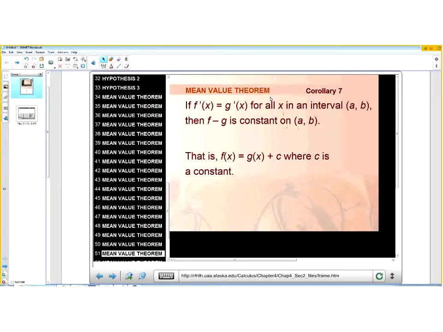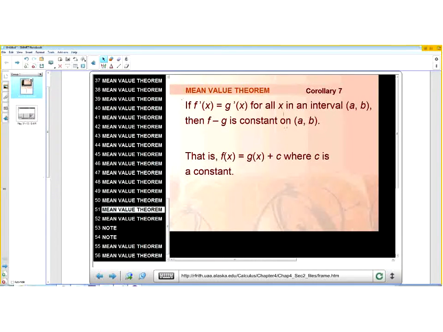So we have a corollary, and we should spend time going over it because it has important implications too. So if the derivative of f is equal to the derivative of g for all x in the interval a to b, now before I go further, f need not be the same as g.